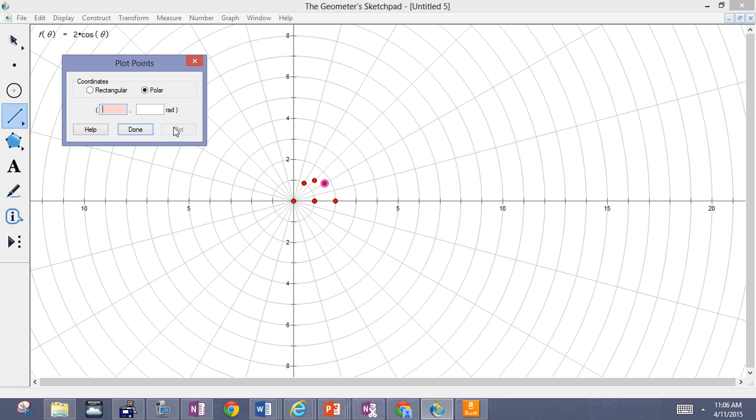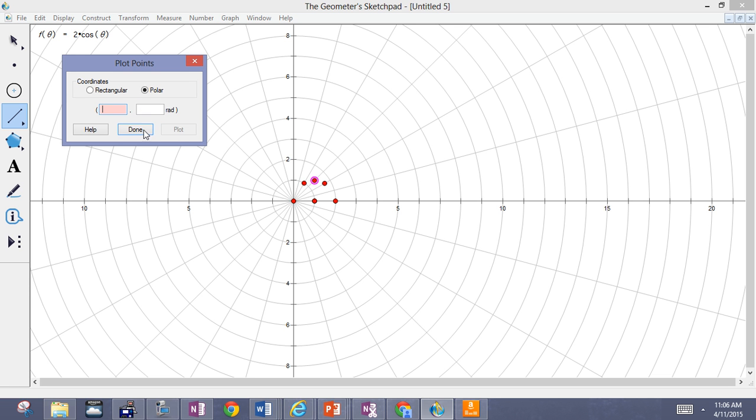Plot that. And so on and so forth. This point was at 45 degrees, or pi over 4, and that was a √2 value, so that was 1.41. So we plot that.